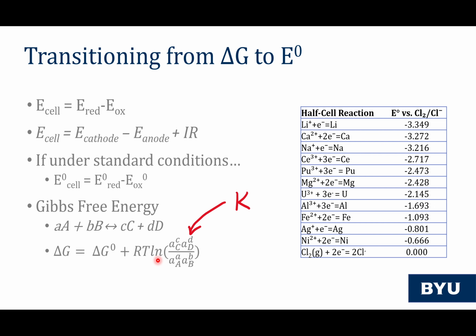And this equilibrium constant is the activities of the participants in the reaction, and they are raised to the power of their stoichiometry. So we have the activity of C raised to the power of c, the activity of D raised to the power of d, and we do products over reactants.